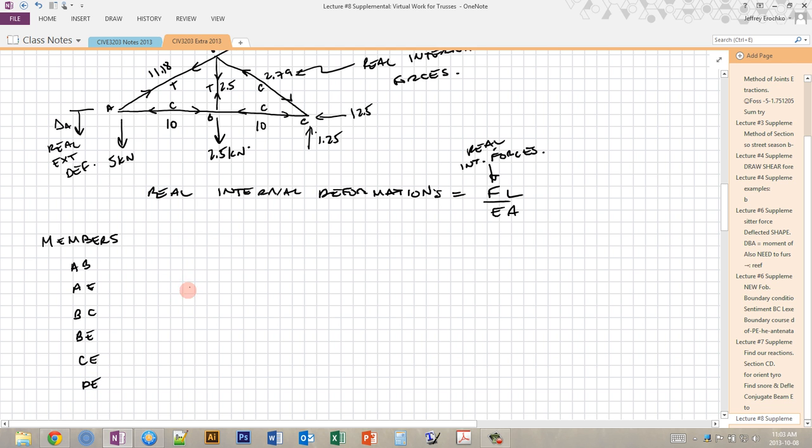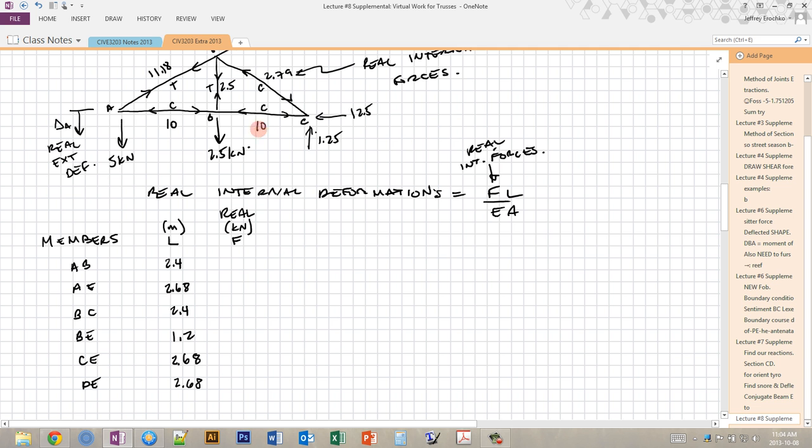And so I'm going to list each important thing in order. So first is the length, so I'm going to go and find all those lengths, like so, just from the geometry of the system. Then I have my real internal forces. And remember, these are just a step to find the real internal deformations.